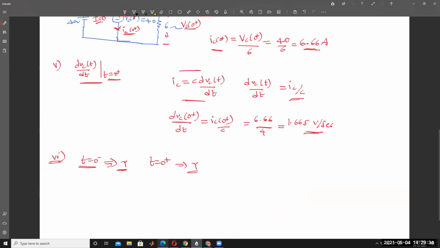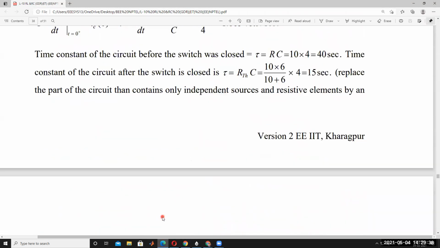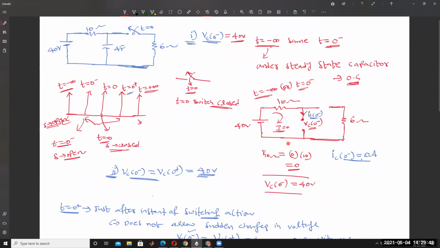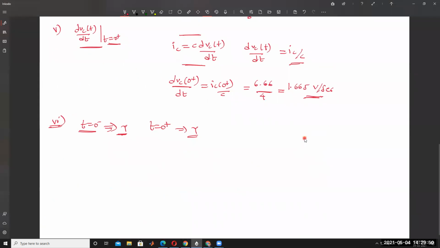Understood? At t is equal to 0 minus, what is the circuit condition? This is the circuit condition at t is equal to 0 minus. That means the switch is open. So what is the circuit? This is a 10 ohm resistor, this is capacitor C, and the voltage here is 40 volts.